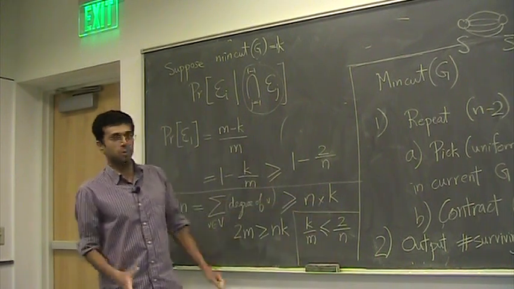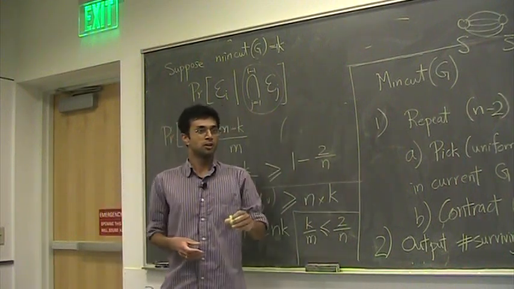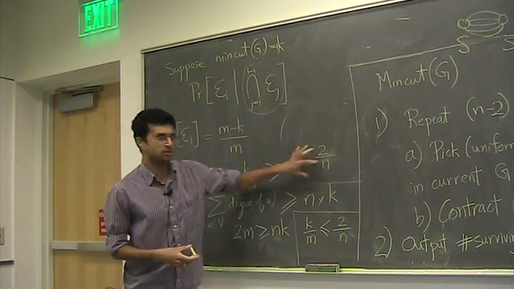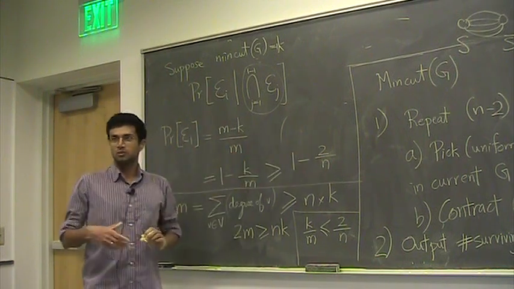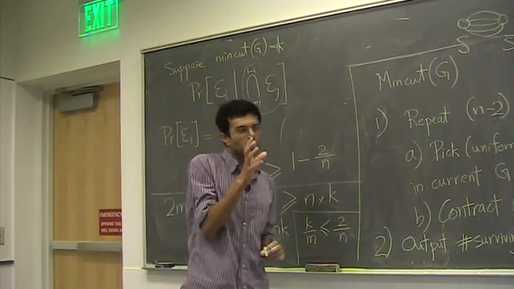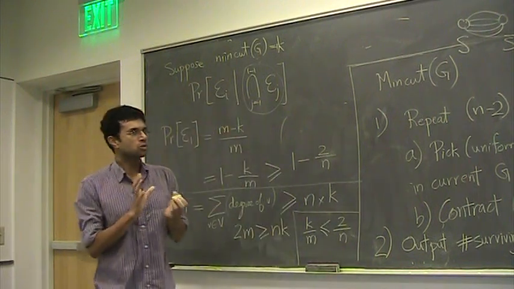So what is the difference between the first iteration and the second iteration? The number of edges goes down. But the problem with the number of edges is you don't know by how much it's gone down. It's a little. So the number of vertices.